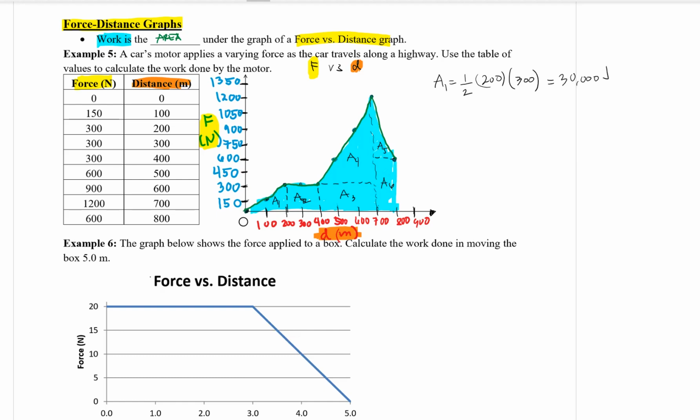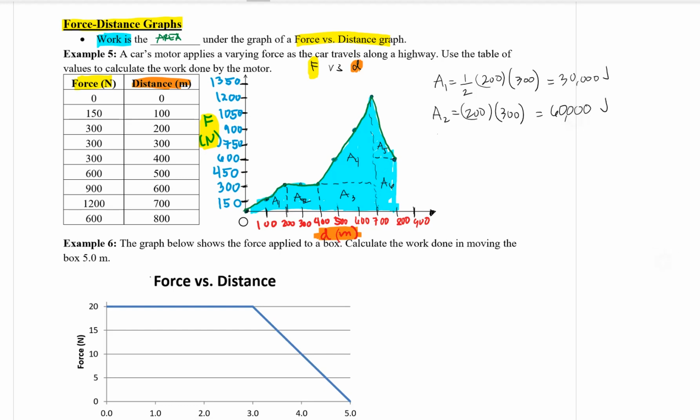Again, this is newton times meter, so that gives me joules. And then we have the second part, that is a rectangle. So base is 200 times the height of 300. So that would be 60,000 joules.